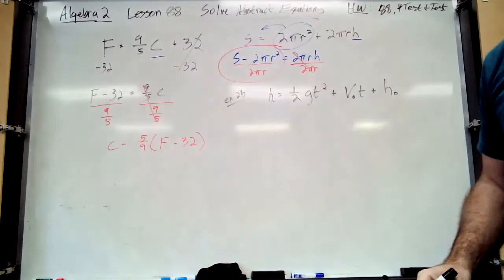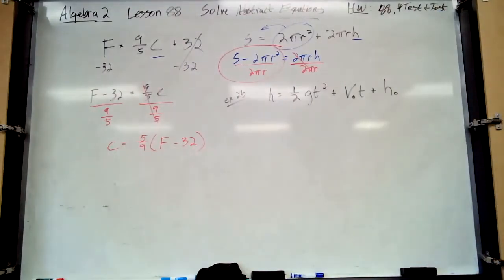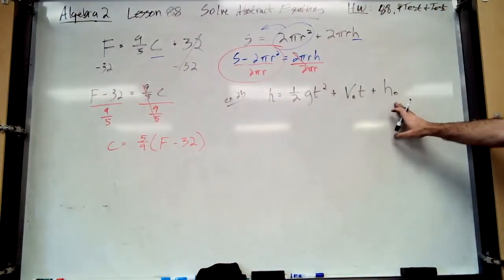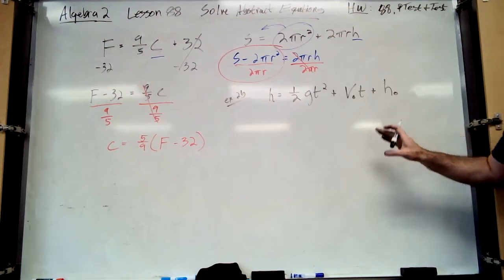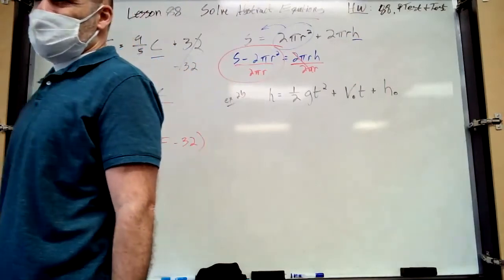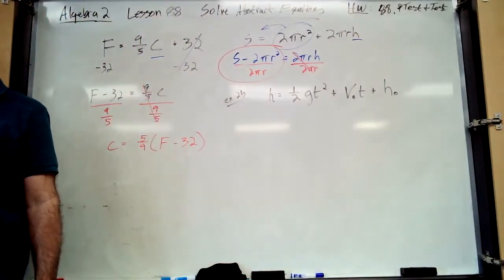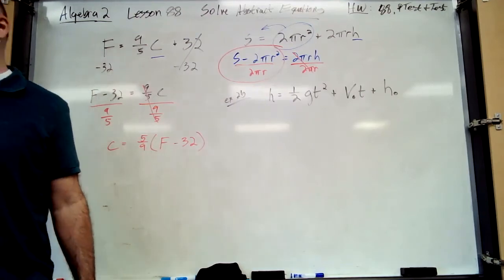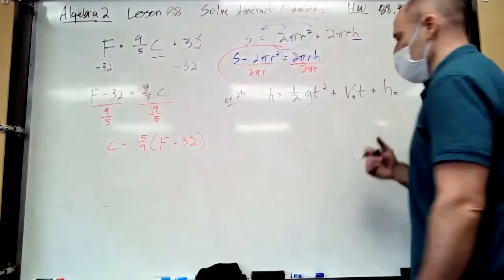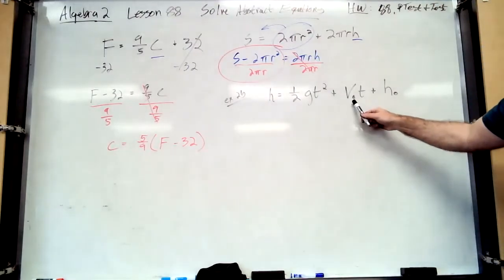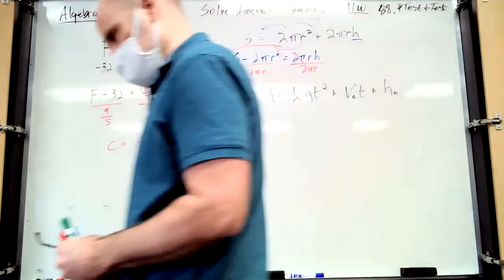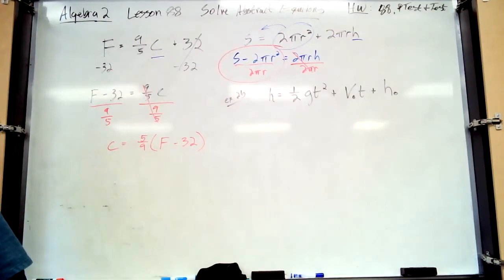If you're talking about height falling, you know what h stands for, but what's h naught? There's h i and h naught. They're kind of the same thing, because h naught is initial height. So h i would be the same thing if you're using that variable. And this is the initial velocity. Okay, so solve for t.